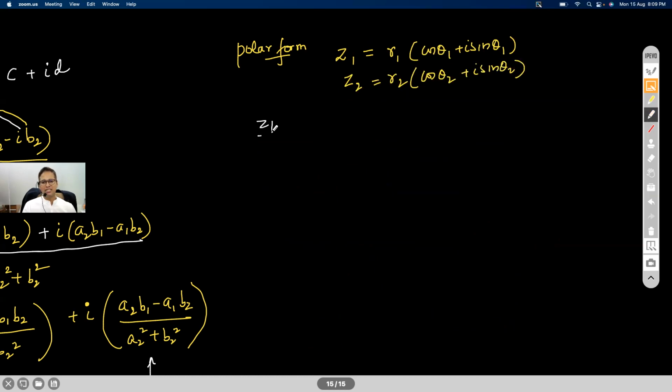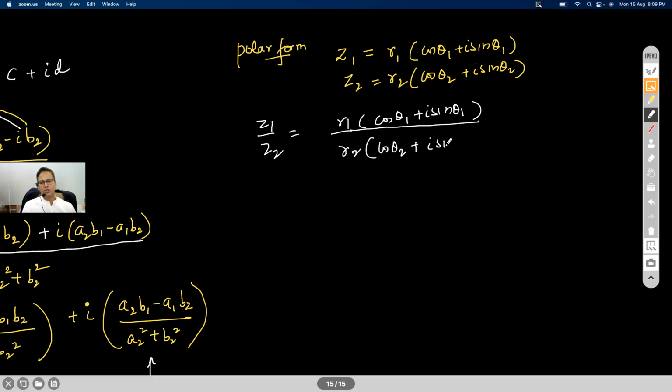Let's find z1 by z2. So z1 by z2 will be r1 by r2 times, and of course, the process is the same, no different. I am going to multiply with the conjugate, cos theta2 minus i sin theta2, in both the numerator and the denominator.